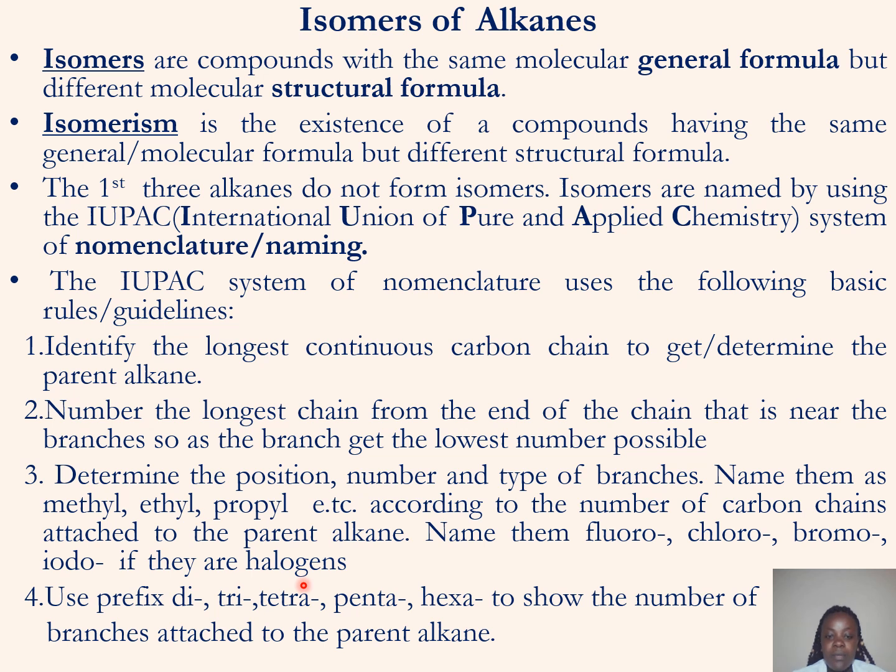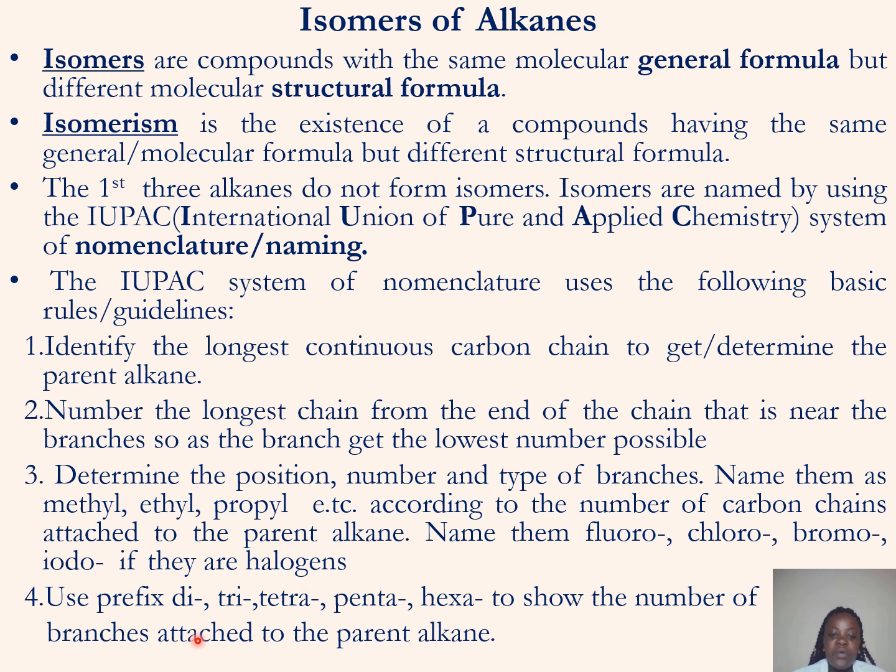So we name them according to the number of carbons in the branch that is attached to the parent alkane. Then if we have more than one branch, we use a prefix. If we have 2, we use di, if we have 3, we use the prefix tri.